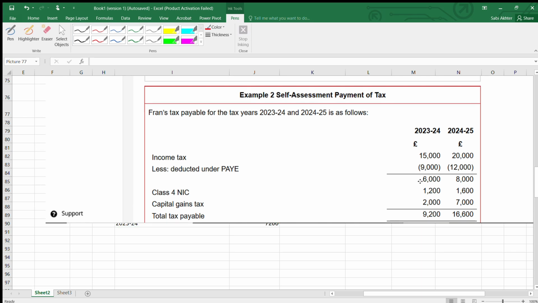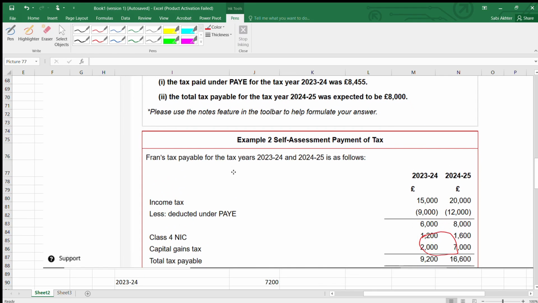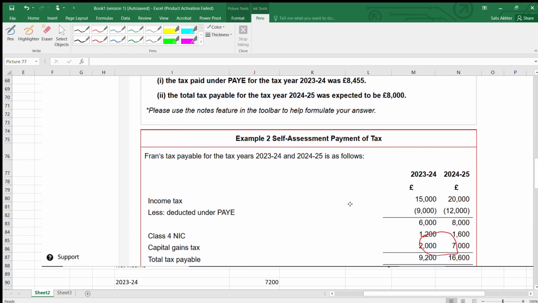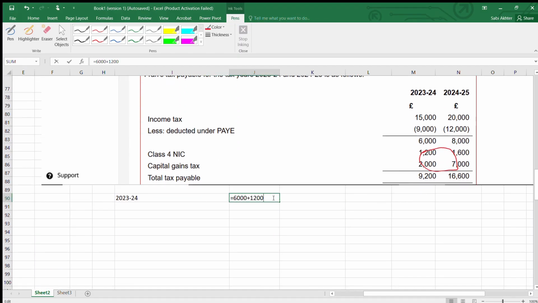So this 6,000 and this 1,200 we will be adding. And we got 7,200. Once you get 7,200, don't take capital gain, only class 4 and income tax, divide by 2. So this is your payment on account, 3,600.